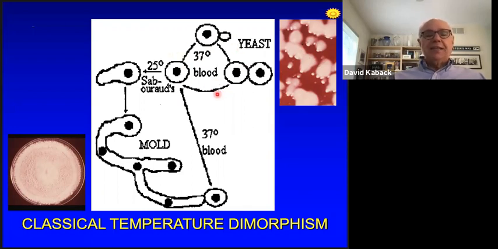In contrast, if it lands on Sabouraud's agar, say at 25 degrees or even 37 degrees, which isn't as rich a substrate as, say, blood agar is at 37, instead of growing as a yeast cell, it's going to say, you know, things aren't that great. I'm going to try and grow and get out of here. So I'm going to grow as a mold.